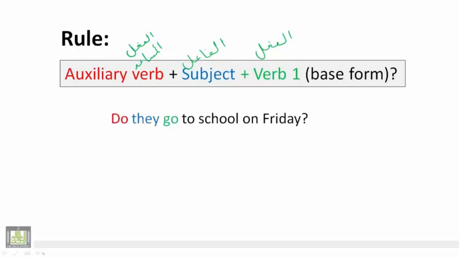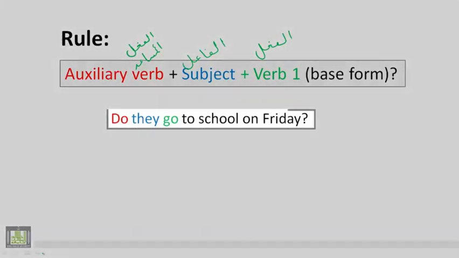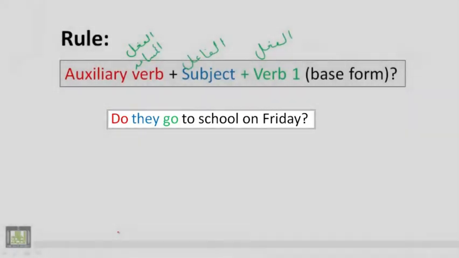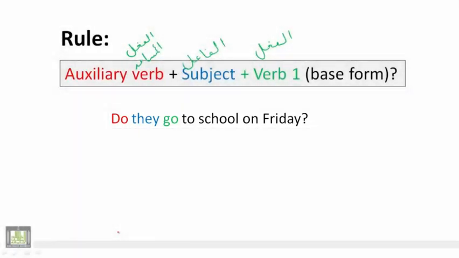An example for that, مثال على ذلك, do they go to school on a Friday? So let's see if this rule applies to this question. لنرى إن كانت هذه القاعدة تنطبق على هذا السؤال الذي أمامنا. سنجد first of all we have the auxiliary verb which is do, we have the subject they, we have the verb go, and notice that we do not have any additions. لاحظوا معنا أي إضافات على الفعل.